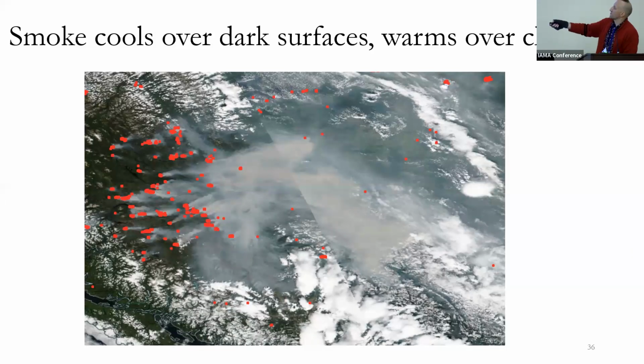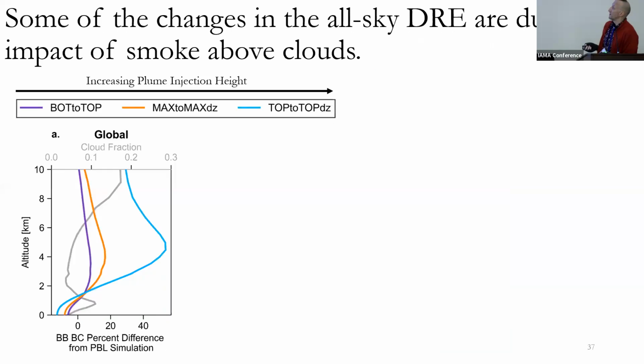However, when you put it over bright surfaces like low clouds here, you can see that the smoke looks darker than those bright clouds, in which case, instead of those clouds reflecting sunlight back to space, we now have smoke that's somewhat absorbing. And so this is showing a profile, the global cloud fraction. So read off the top plot here, and then this is the cloud fraction with the low cloud peak here.